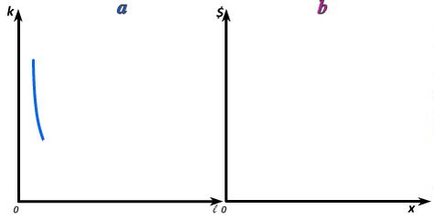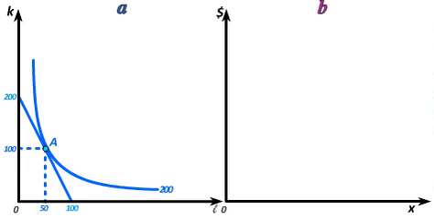We'll start with our isoquant and isocost graph, where we have labor on the horizontal axis and capital on the vertical. And we begin with the particular isoquant that corresponds to producing 200 units of output. We'll further assume that the rental rate for capital is 10 and the wage rate is 20.